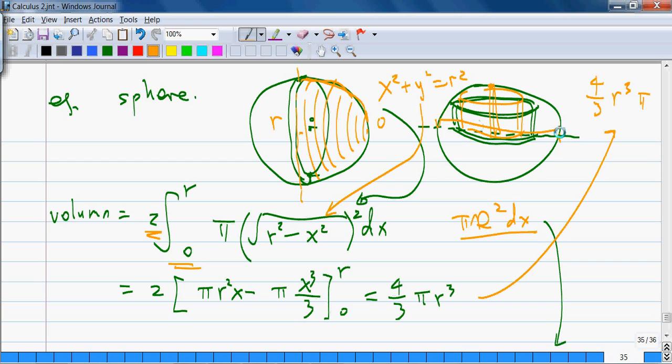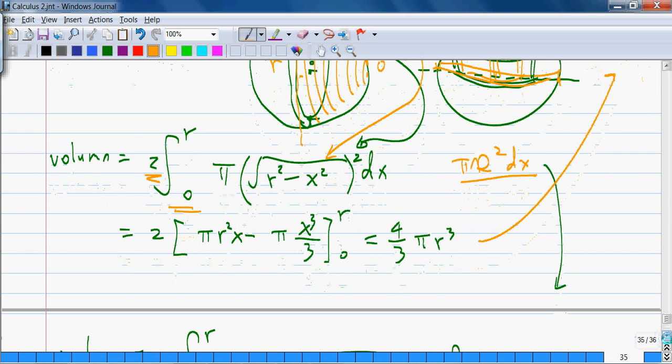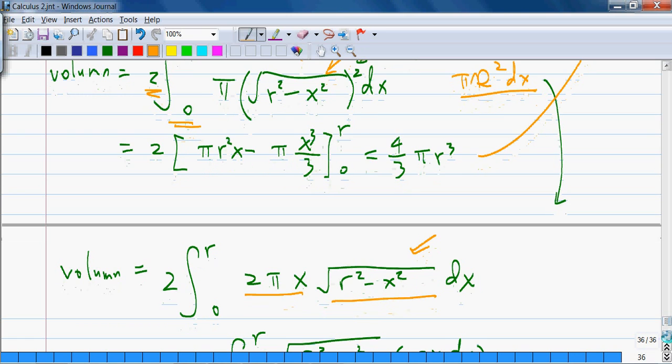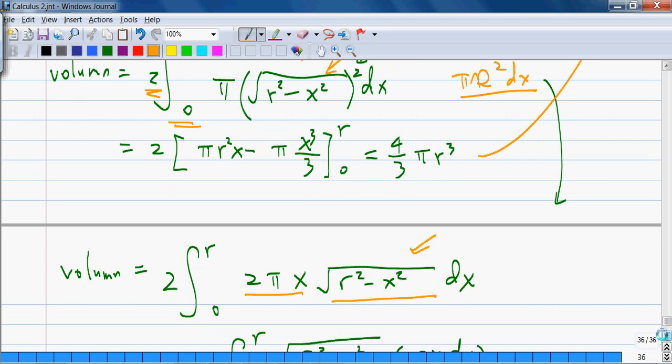So we are just integrating those things, and the formula is exactly the same because we are integrating the same thing, but this time, remember, 2 pi x multiplied by f of x is the volume of each shell, and we integrate them up. Remember to multiply by 2 because I cut it into half in the beginning.